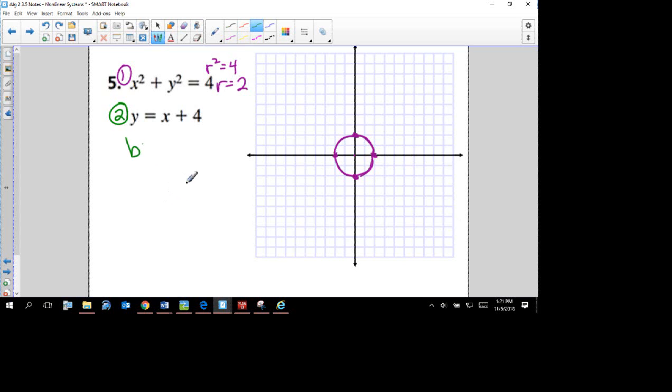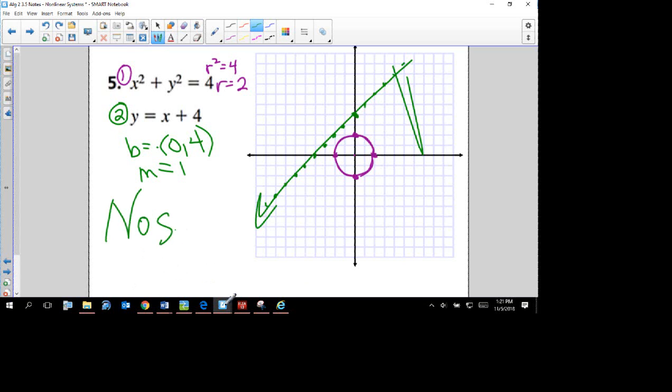So we have our b value at 0, 4, and then our slope is 1. Ethan, do you know what you did? You square rooted it for some reason. Okay, so once I connect my line, what's my solution? Wouldn't you hate to do all that math and work through all that distributing and collecting like terms and factoring just to find out that there's no solution? It's a little bit faster to do it by graphing.